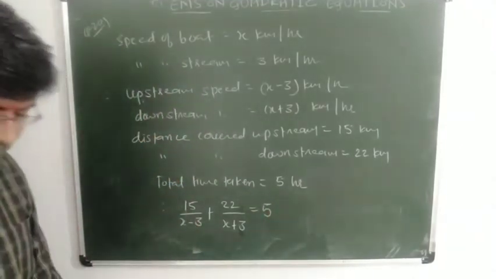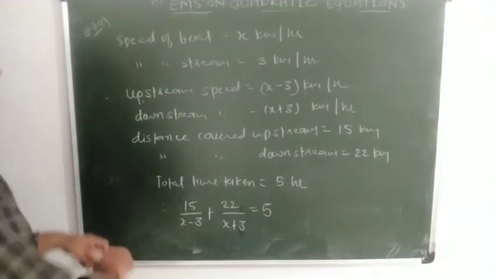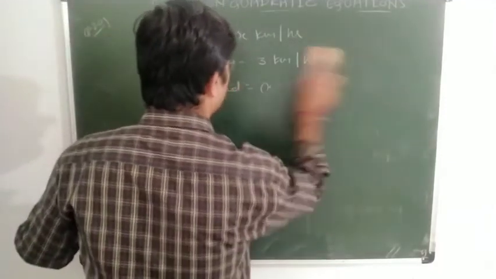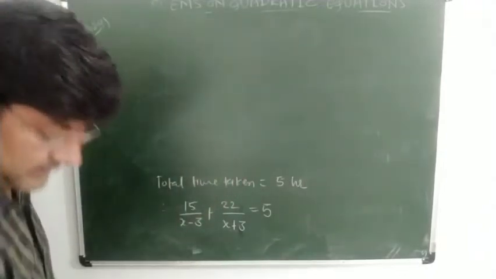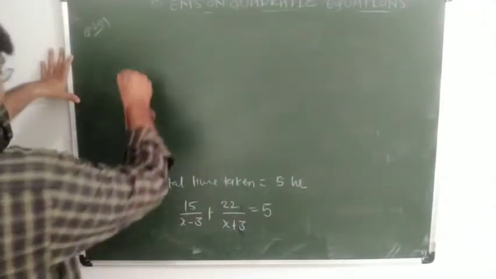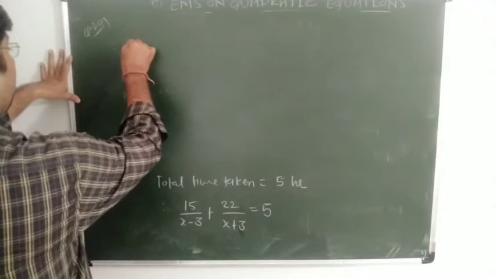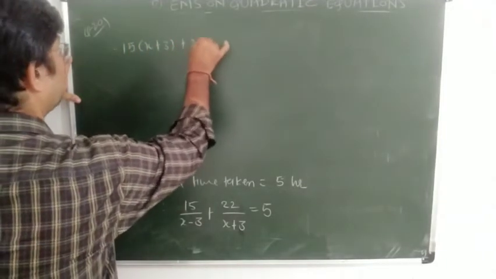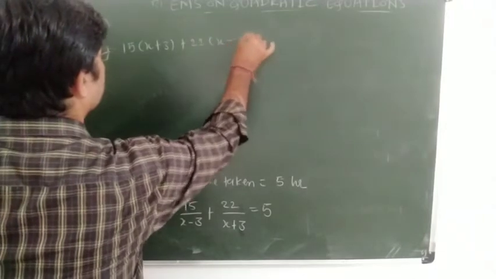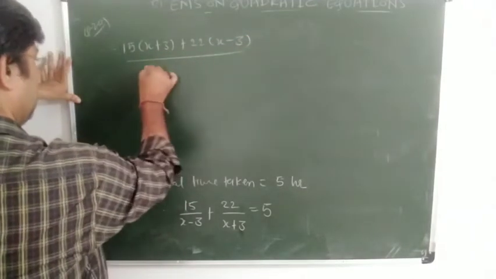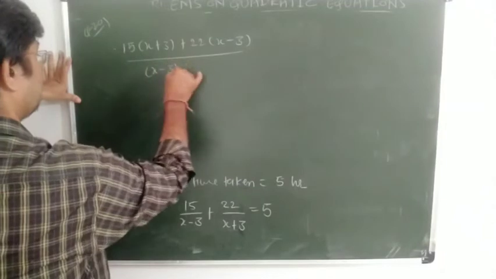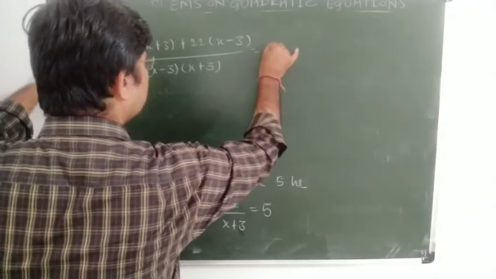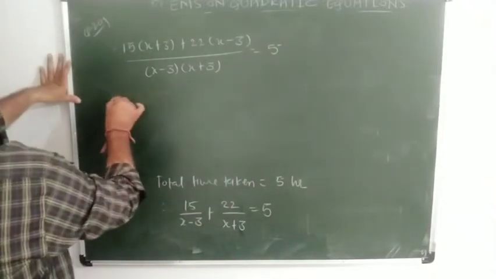Now we will simplify this expression and solve it to find the value of x. Therefore 15 into x plus 3 plus 22 into x minus 3, upon x minus 3 into x plus 3, is equal to 5.